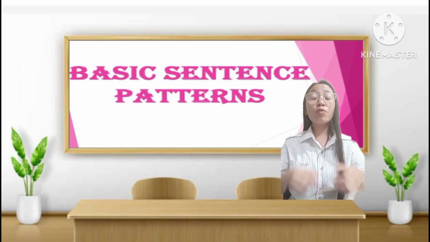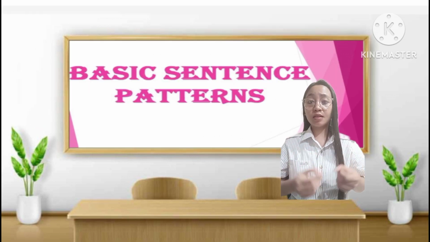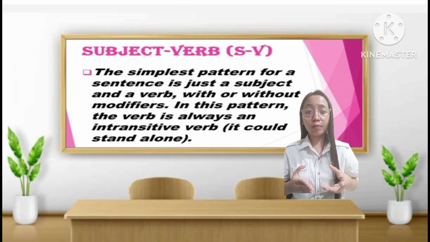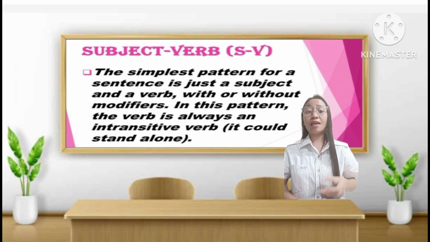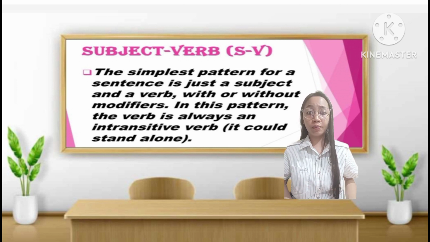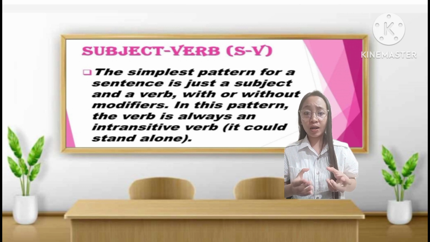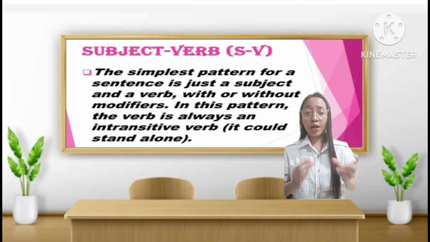So this time, we will tackle already the basic sentence pattern, the subject-verb or SV pattern. This is the simplest pattern in a sentence. It has a subject and a verb. It could be with or without a modifier. When we say modifier, it is a word, phrase, or clause that enhances the meaning of a sentence.